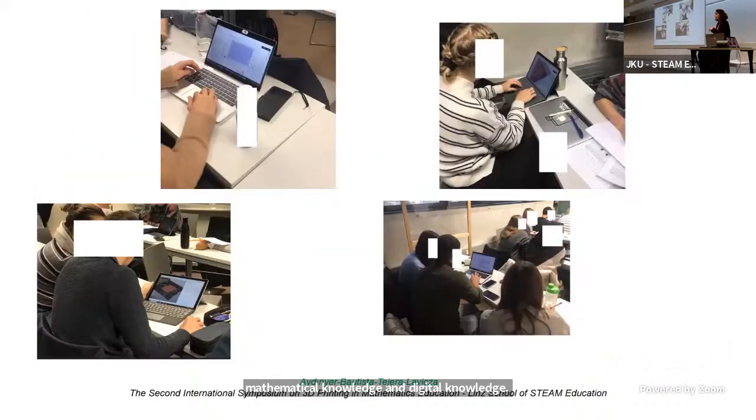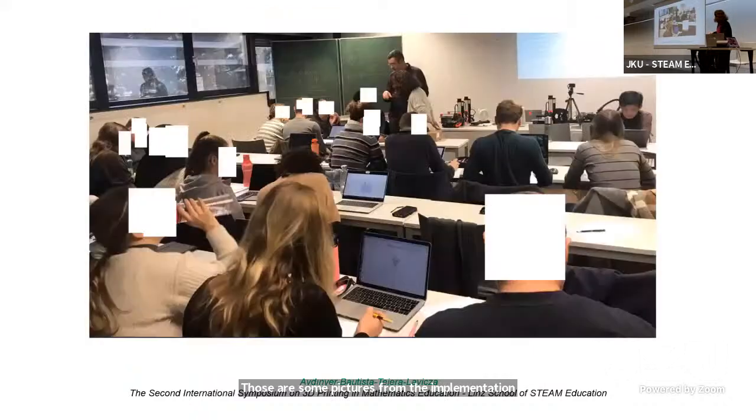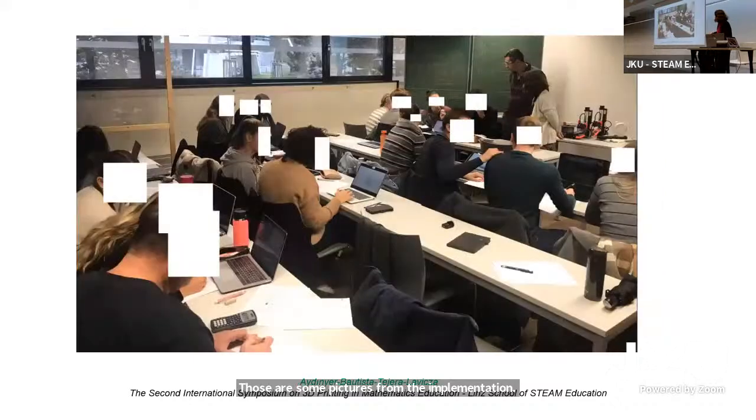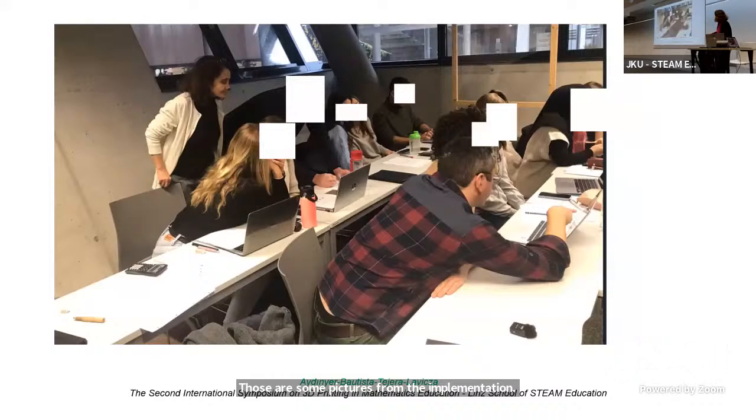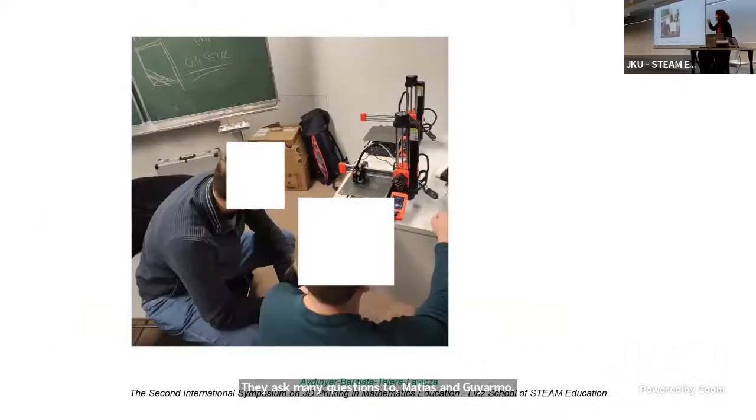Those are some pictures from the implementation. Let me show them one by one. They asked many questions to Matthias and Guillermo and all the others. Selen was one of them, thank you, Selen.